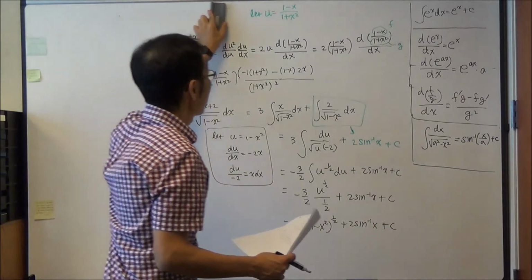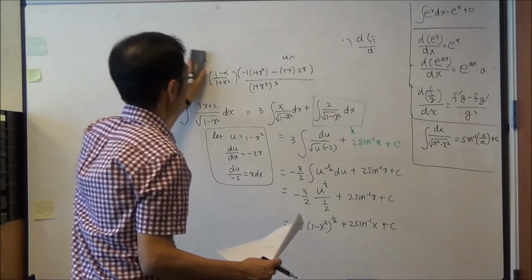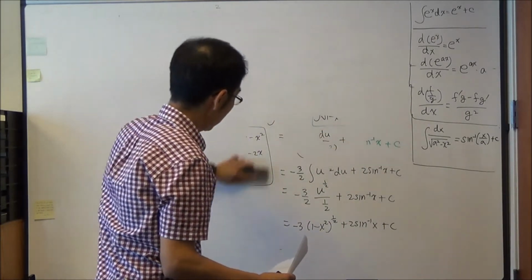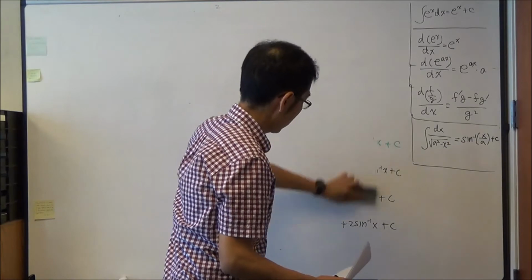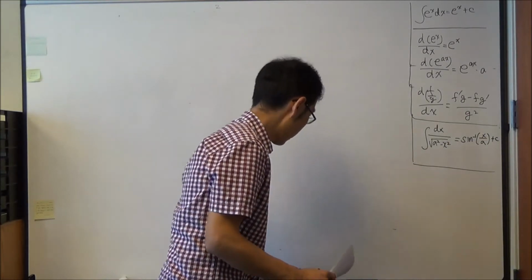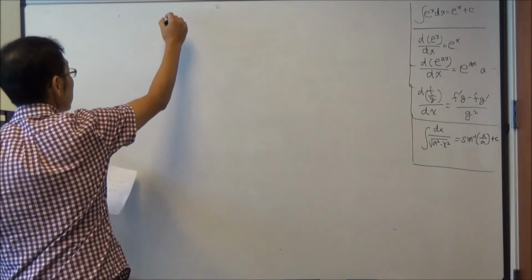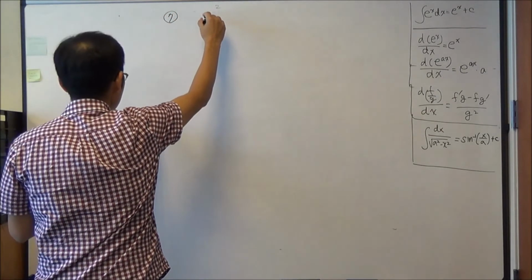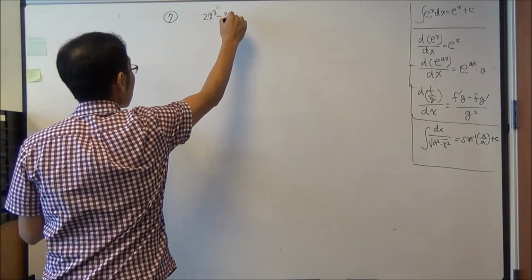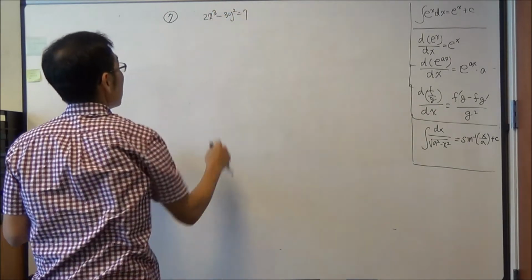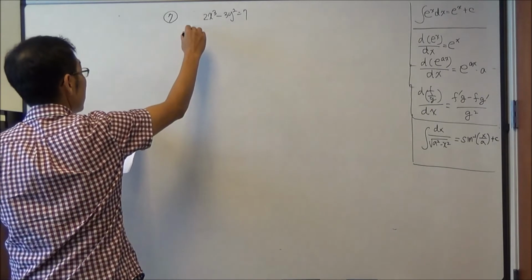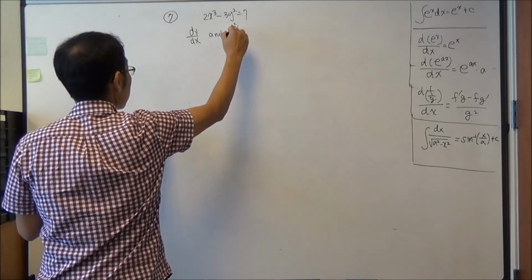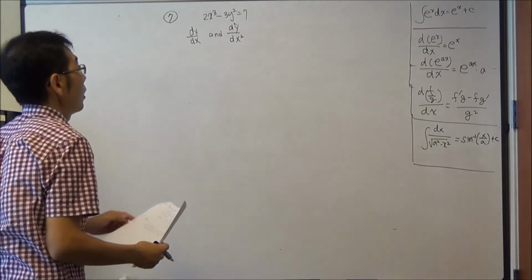Number 7. We know the equation. So I want to find dy over dx and the second derivative.